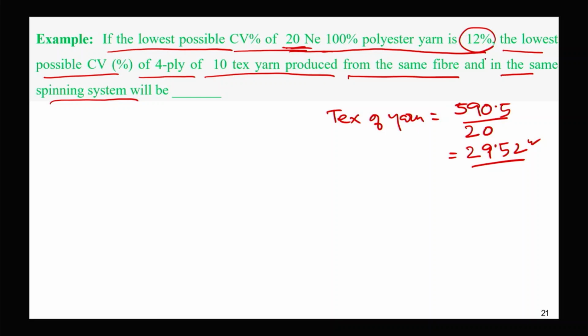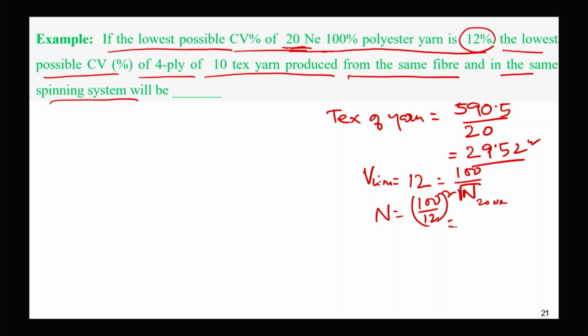Now let us try to see the CV limit. CV limit is 12%, 100 by under root n, and n for 20 NE will be 100 by 12 squared.